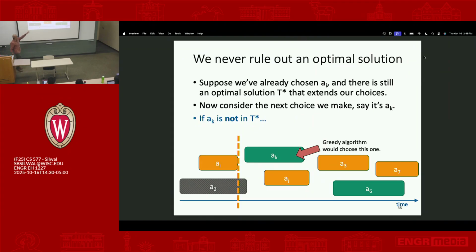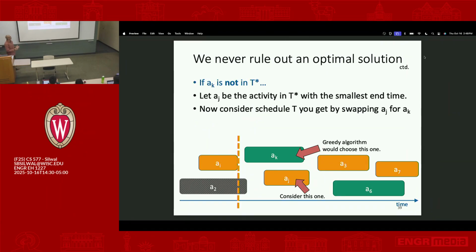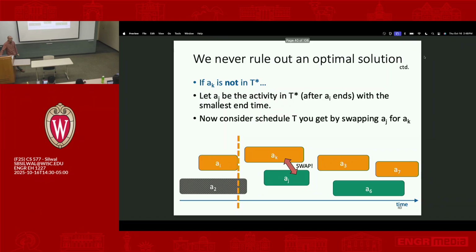So what happens if this is not part of the optimal schedule? Well, then it must intersect with something in the optimal schedule, right? If it doesn't, then the optimal schedule would have had that for free. And what we do is we just swap them, okay? We swap them. Why is that okay?